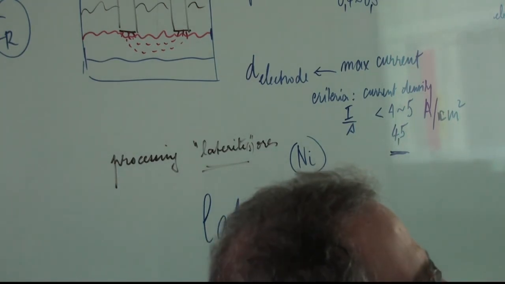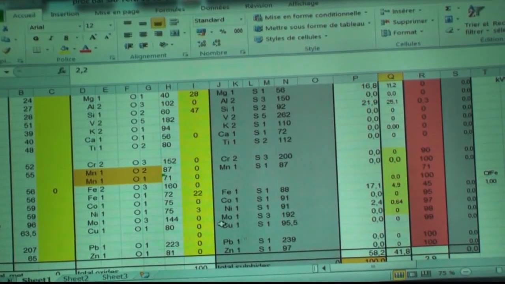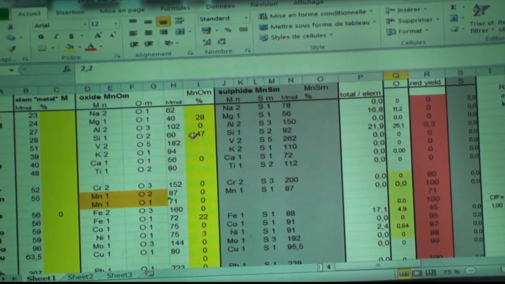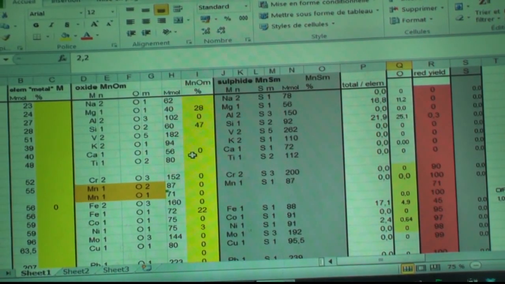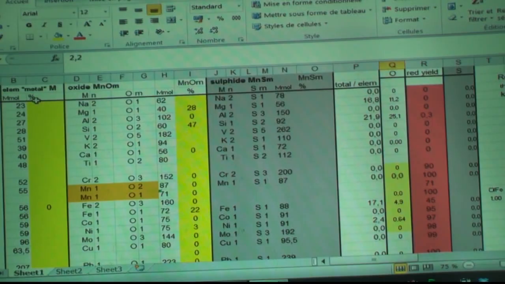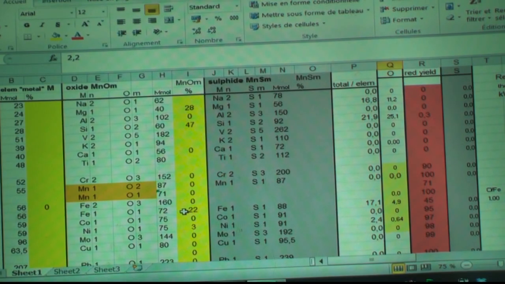So here you can see in the analysis, we have 47% silica in the ore. We have 28% magnesia. And of course we have iron, Fe.